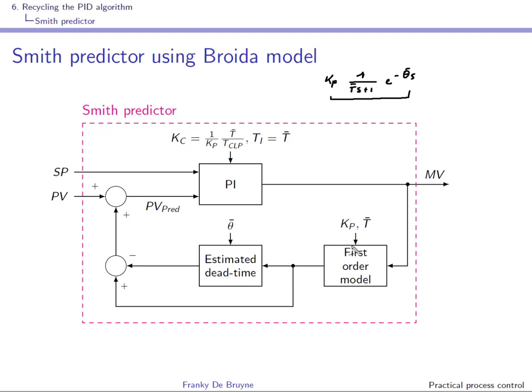Here you have a first order system with gain Kp, time constant T bar. The estimated dead time is then theta bar, and you can very easily tune the PI controller using the IMC tuning parameters for the first order system, since this Smith predictor is going to, between quotes, take the delay out of the control loop.